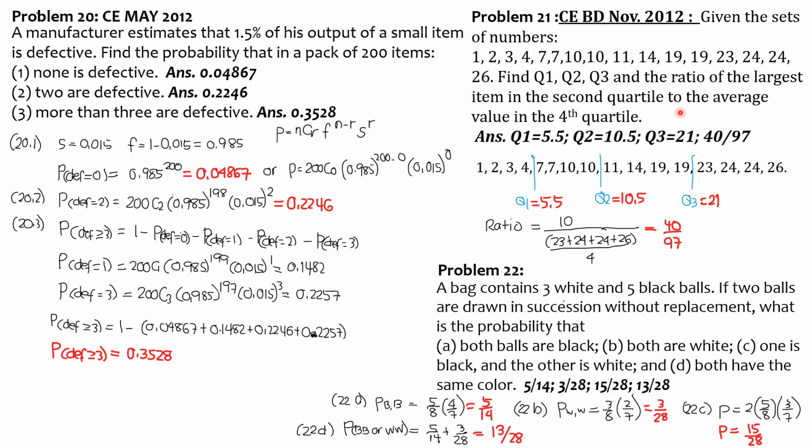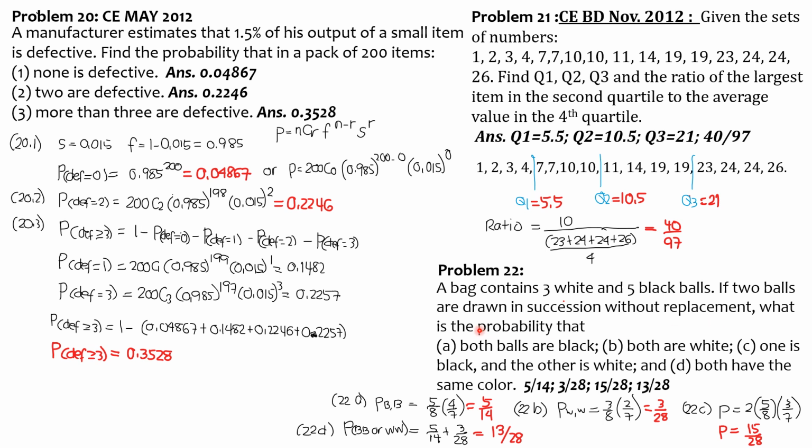Then for the ratio of the largest item in the second quartile, this is the second quartile, the largest item is 10, and the average of the values in the fourth quartile is simply the sum of these divided by the number of items, 4. So 10 over the sum of these values divided by 4, and that's 4 times 10, 40 over 97.